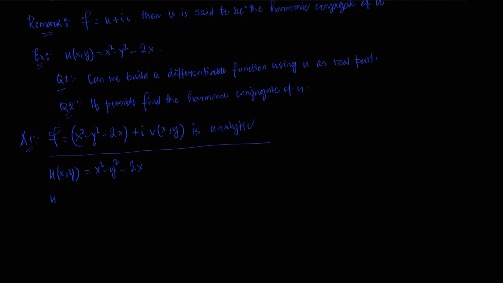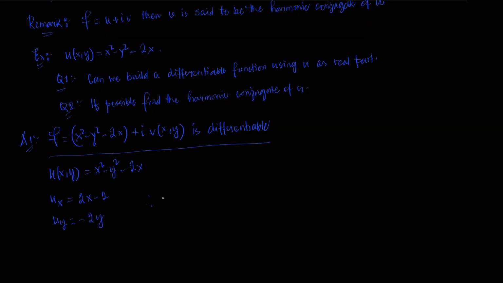So if f is differentiable, then u xx plus u yy has to be 0. First, let's find u x. u x is 2x minus 2. What is u y? u y is minus 2y.